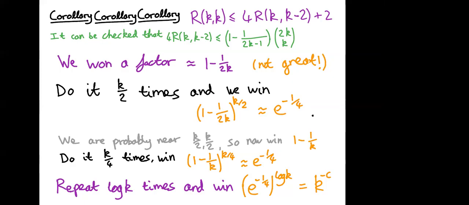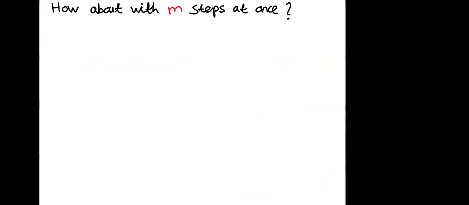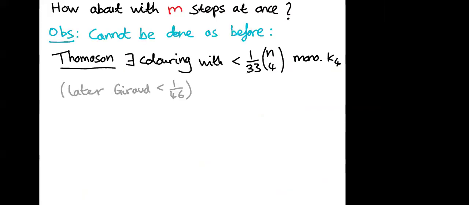So what's the natural way to try and generalize that if you want to go further? Well, you could try and do m steps at once instead of 2 steps at once. What's the first thing that falls apart? The first thing that falls apart is that you don't have Goodman anymore. Goodman guaranteed us a lower bound on the number of monochromatic triangles in any coloring.